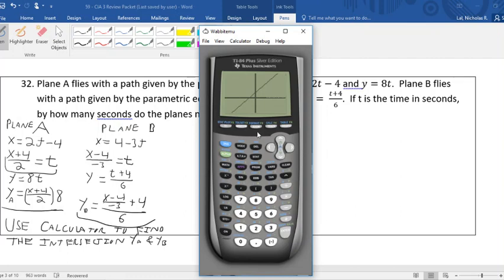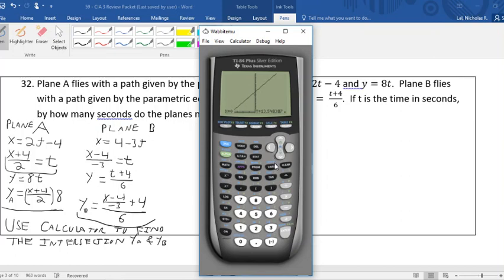It's hard to see if I zoom in. We're going to find when the two graphs intersect.